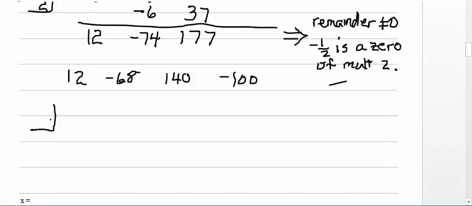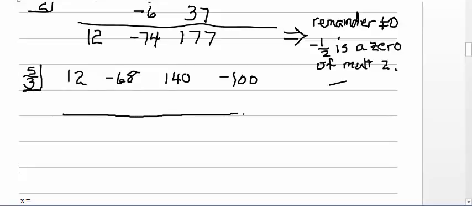And I'm going to use the coefficients of the last quotient that I got where my remainder was 0. So I bring down the 12. 12 times 5/3 is 20. When I add that to negative 68, I get negative 48.